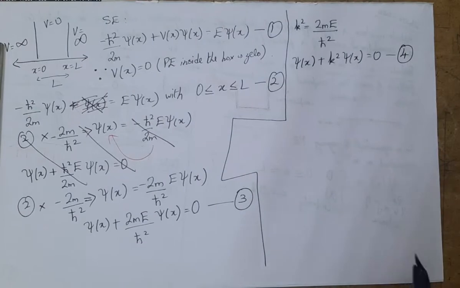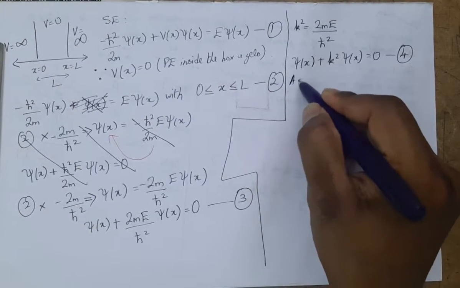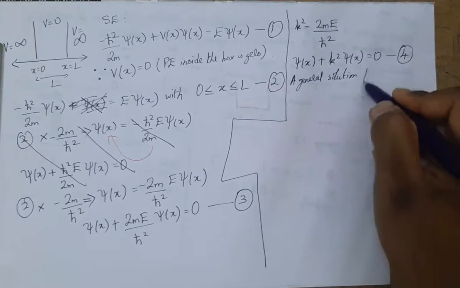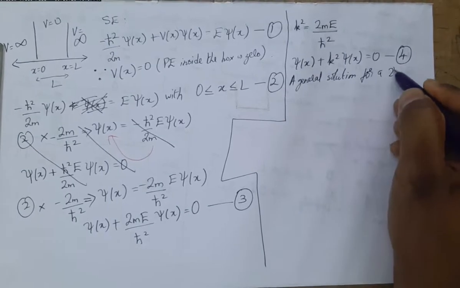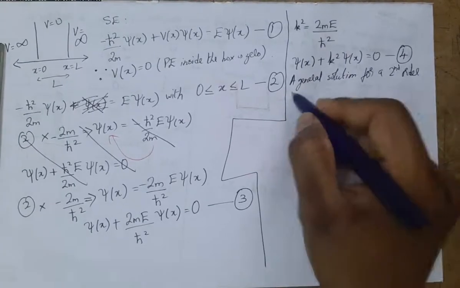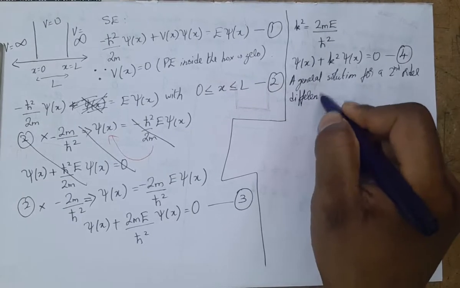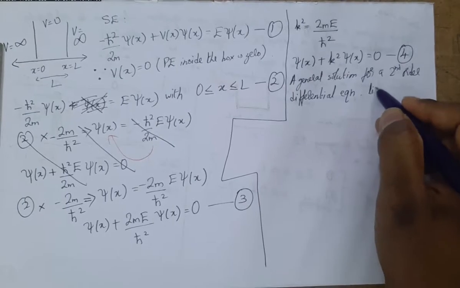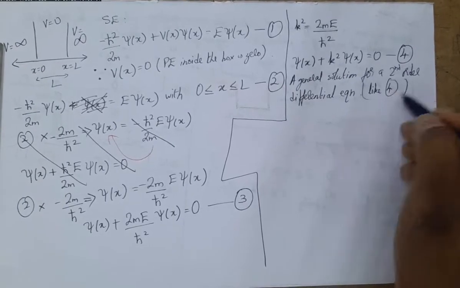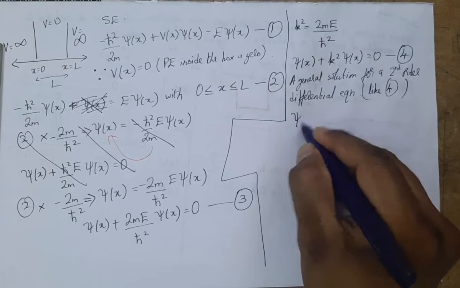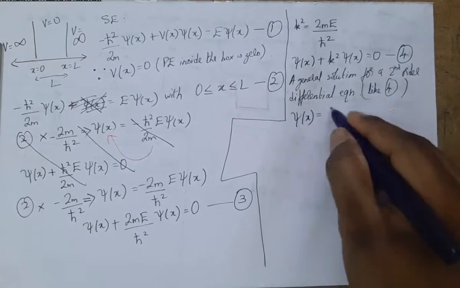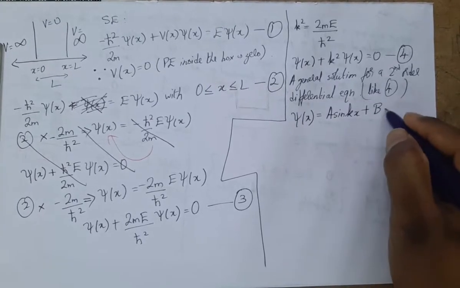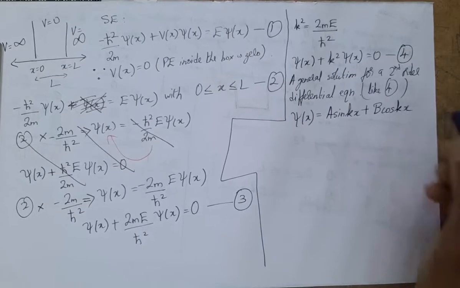The general solution for a second order differential equation like that in 4 is given as psi of x equal to A sine of kx plus B cos of kx.